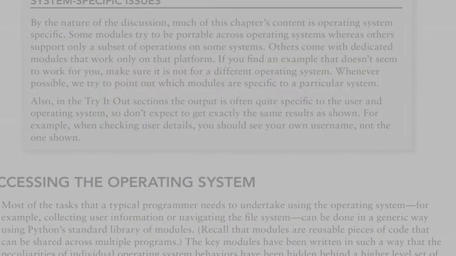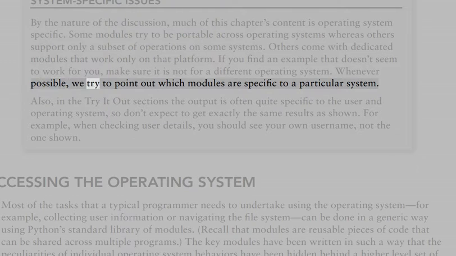System-specific issues. By the nature of the discussion, much of this chapter's content is operating system specific. Some modules try to be portable across operating systems, whereas others support only a subset of operations on some systems. Others come with dedicated modules that work only on that platform. If you find an example that doesn't seem to work for you, make sure it is not for a different operating system.